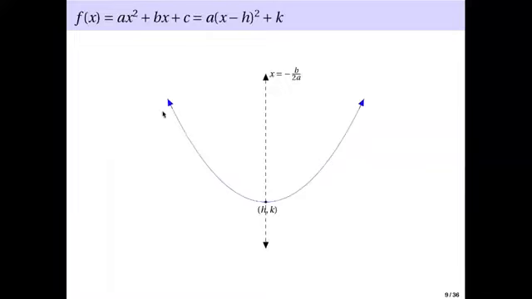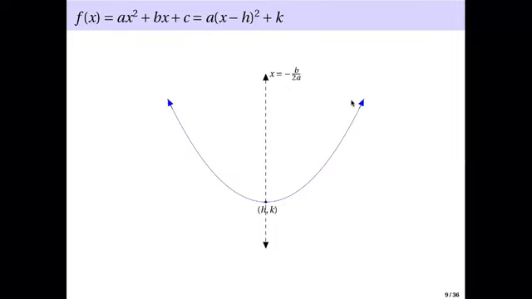So if you look at this, this is a graph of some parabola with this equation: f of x equals ax squared plus bx plus c, which can also be written as a times (x minus h) squared plus k. We assume that here a is positive because this is opening upwards.